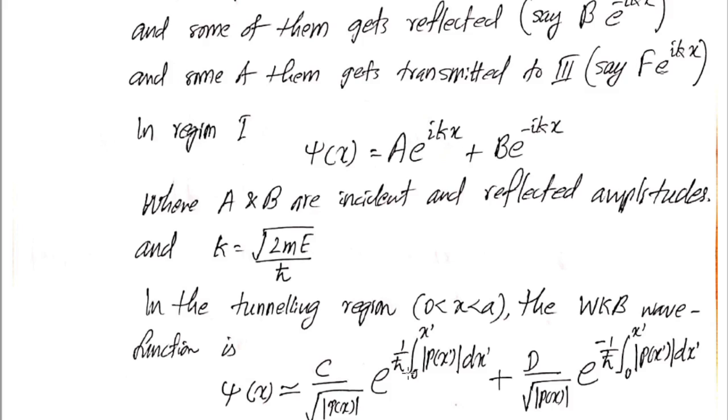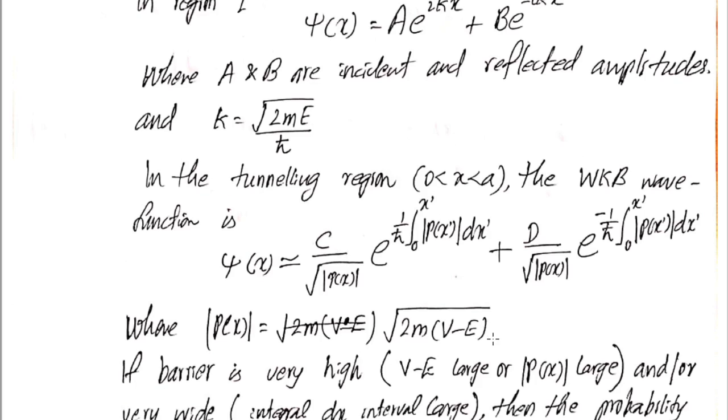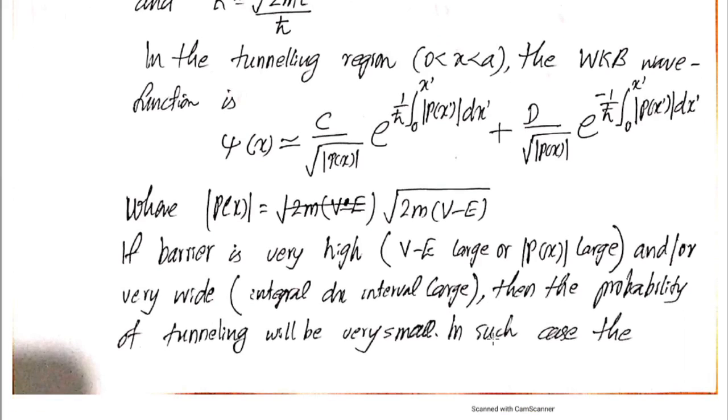Here there are two independent terms, one exponentially increasing term and another exponentially decreasing term, and their coefficients are in general different, c and d, where p of x is root of 2m into V minus E. Now if the barrier is very high, meaning V minus E is large or p of x is large, and very wide, meaning we have to make the integral over a wide region, the contribution of this integral will be very large.